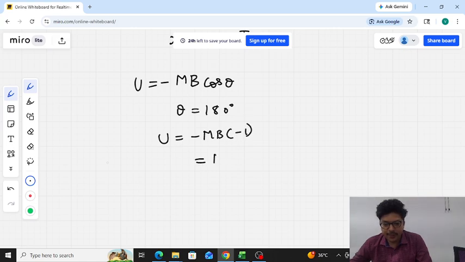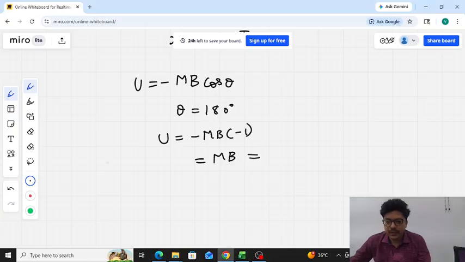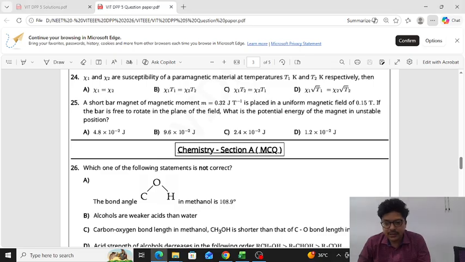So we'll get M B. Now, the magnetic dipole moment is 0.32, into the magnetic field, which is given as 0.15.